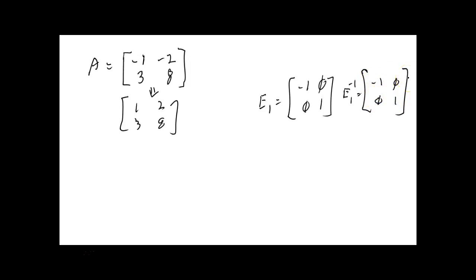Anytime you just multiply by a non-zero constant, whatever your 1 was before, it still is. How you can check this real easily to make sure you got the inverse correct is to multiply these 2 together. When you multiply 2 inverses together, what should you always get? Identity matrix. Sure enough, 1 plus 0 is 1, 0 plus 0 is 0, 0 plus 0 is 0, and 0 plus 1 is 1. So you get the identity matrix. That's your inverse, okay?